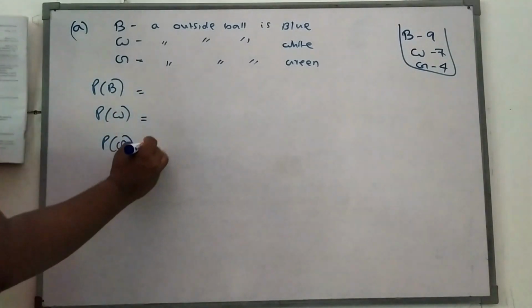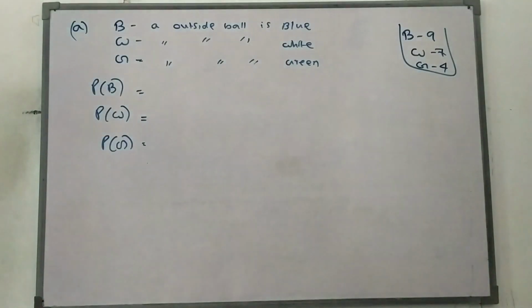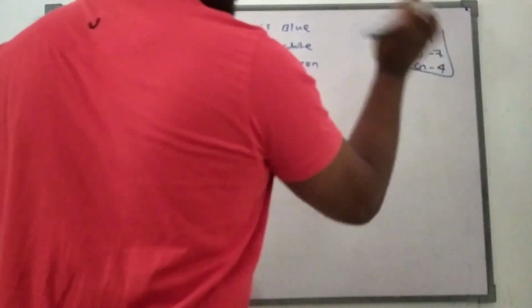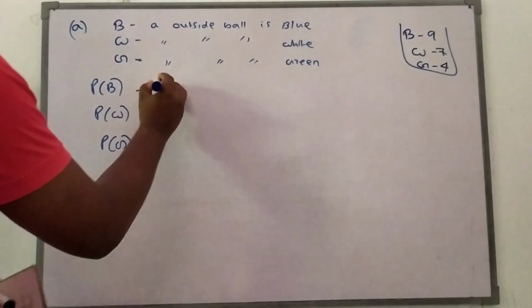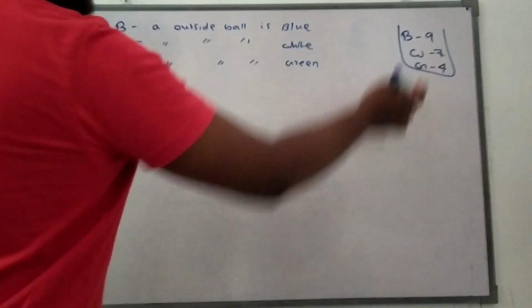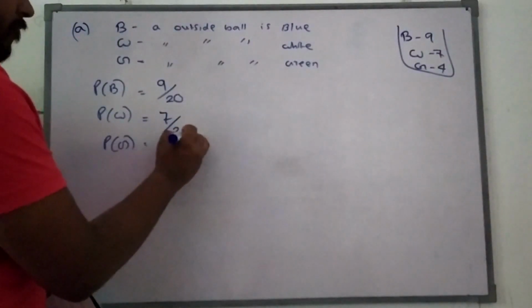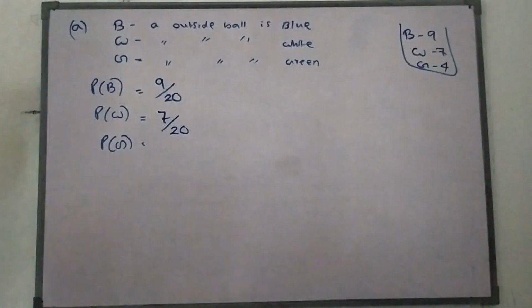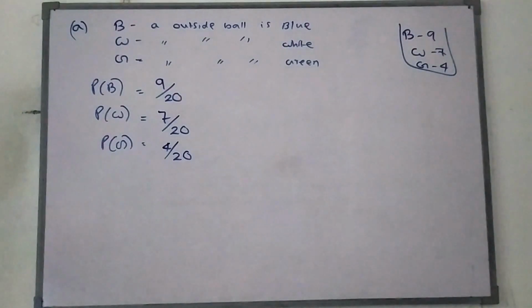We have 9 blue balls, and 9 plus 7 plus 4 is 20, so 9 over 20. White ball is 7 over 20. Green ball is 4 over 20. This is the probability of selecting a blue ball, a white ball and a green ball.